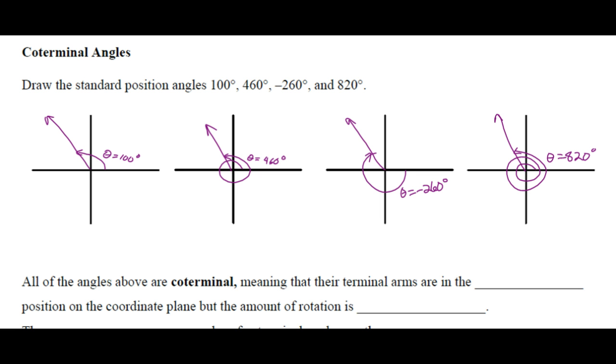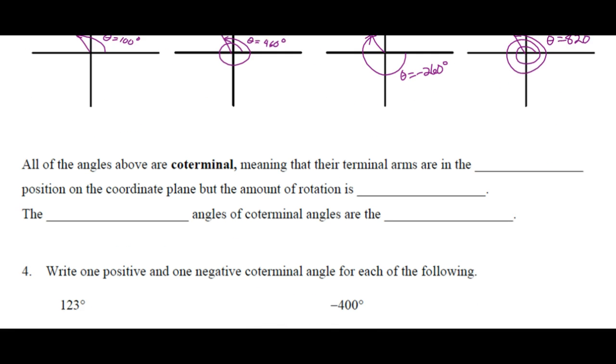Now, what can you say about all of these angles? They're all the same. They all have the same terminal arm, right? I mean, they're not all the same. One is 100 degrees, one is 460, but they have the same terminal arm. So if I didn't show you this rotation, then you wouldn't know. Well, is that angle 100 degrees? Is it 460? Is it negative 260? Yeah, it's all of the above.